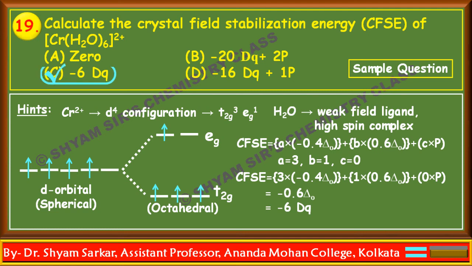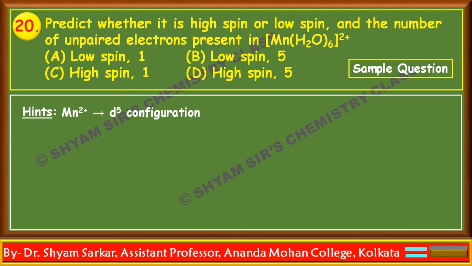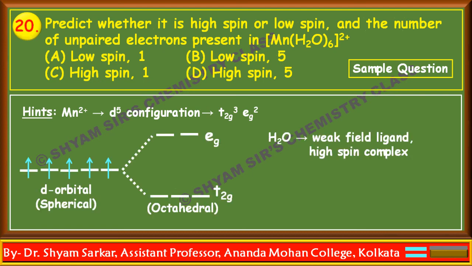Okay. So this next question, predict whether it is high spin or low spin and the number of unpaired electrons present in Mn(H2O)6 2 plus. So 4 options are given. As you can see, here Mn is in +2 oxidation state, that means d5 electronic configuration, t2g3 and eg2, because water is a weak field ligand and this will be a high spin complex.